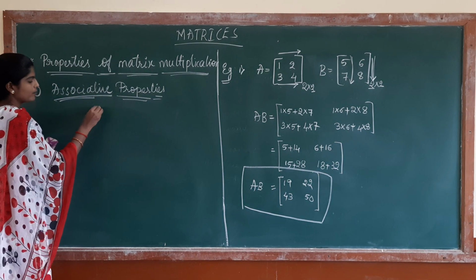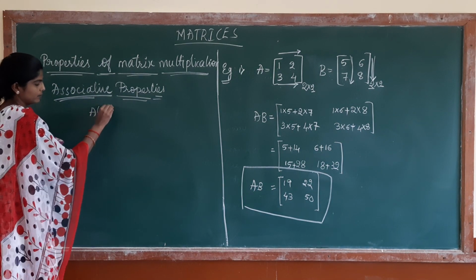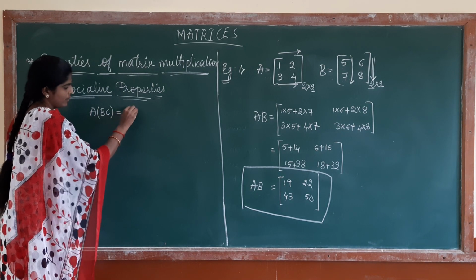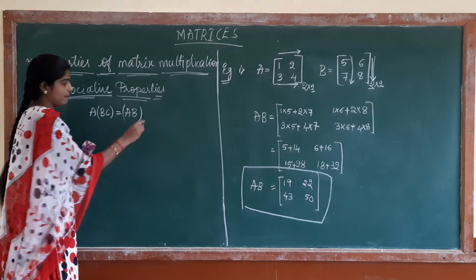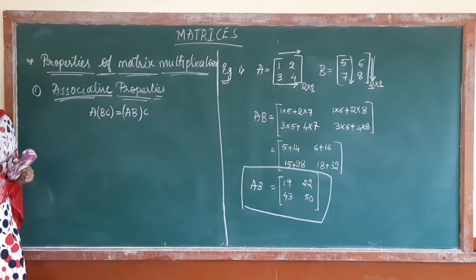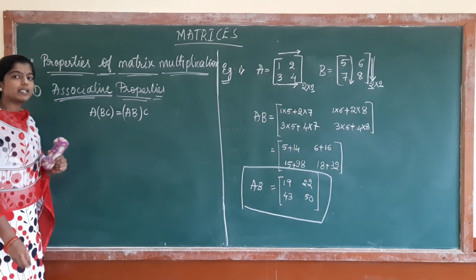That is, A into (B into C) must be equal to (AB) into C. This is called the associative property of matrix multiplication.